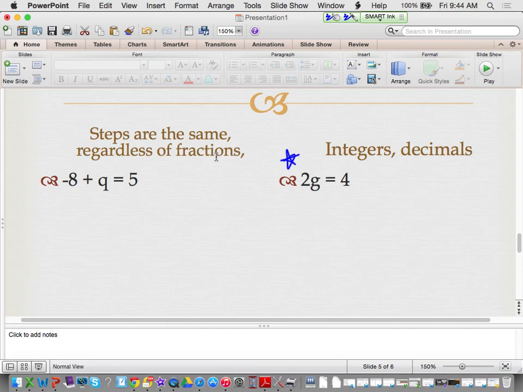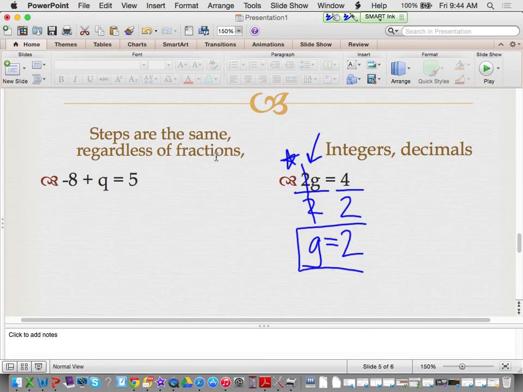I want to get rid of this times 2. And how do you get rid of a times 2? Well, you're going to divide by 2. And where are you going to do that? On both sides of the equal sign. So 2 divided by 2, that's going to cancel and be 1. 1 times g is g. Equals, bring down your equal sign, 4 divided by 2 is 2. So again, we've proved that 2g equals 4 is the same thing as g equals 2, because we did the same thing on both sides of the equal sign.